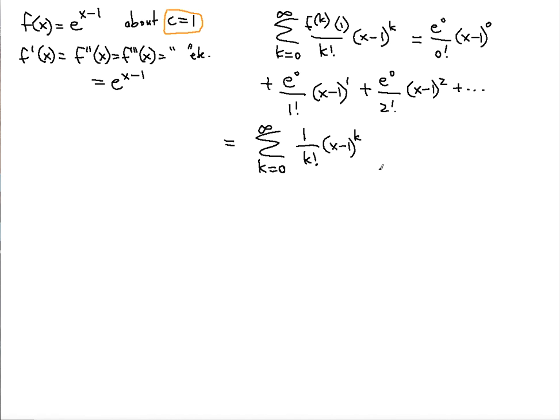Okay, so now in order to find the interval of convergence, in order to find the x value range for which the Taylor series converges exactly to the function e to the x minus 1, we need to use the ratio test for absolute convergence.